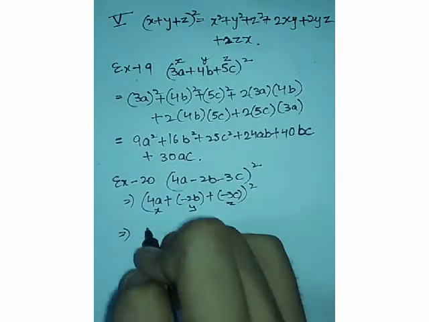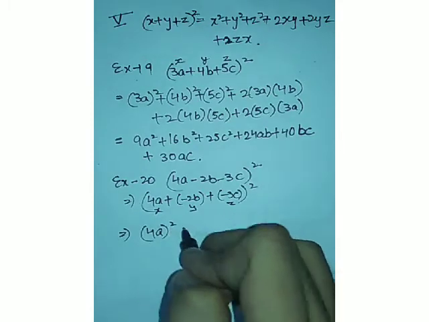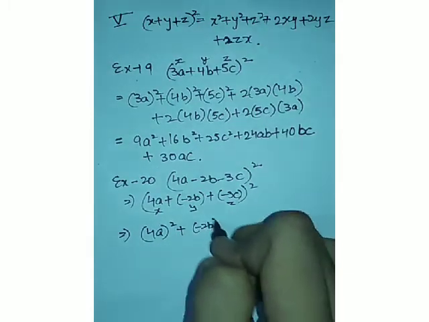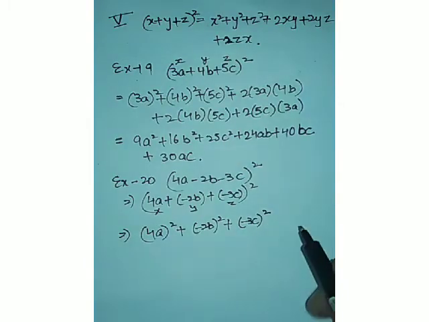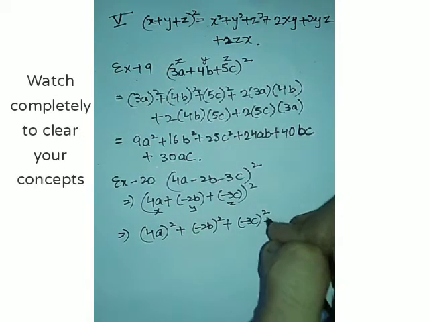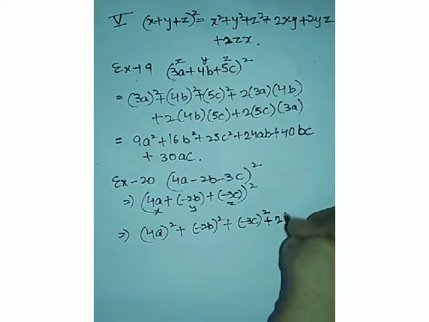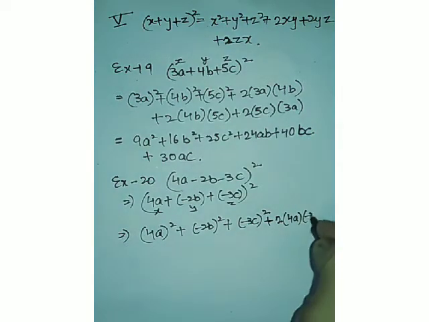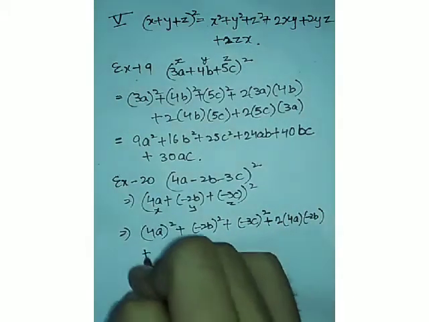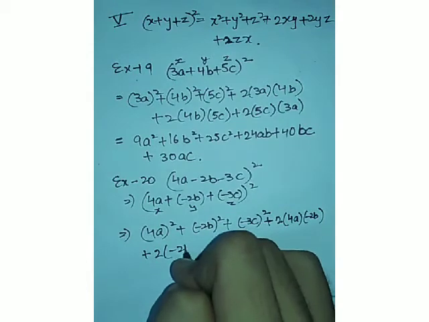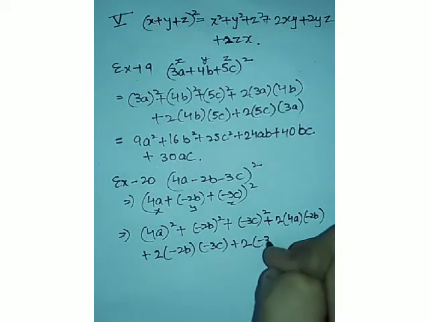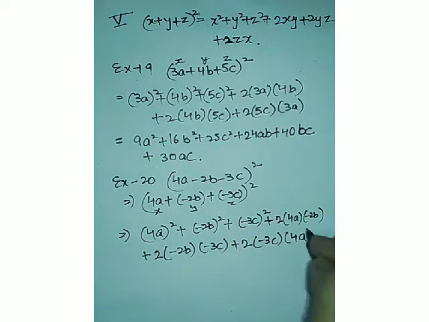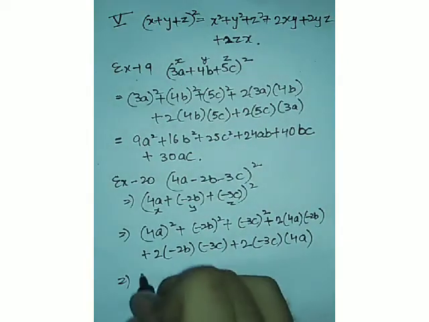Just apply the identity: 4a square plus minus 2b square plus minus 3c square. Now you have to take care of the signs. 2xy, it means 2, 4a and minus 2b, plus 2yz, it means minus 2b minus 3c, plus 2zx, it means minus 3c and 4a, right?